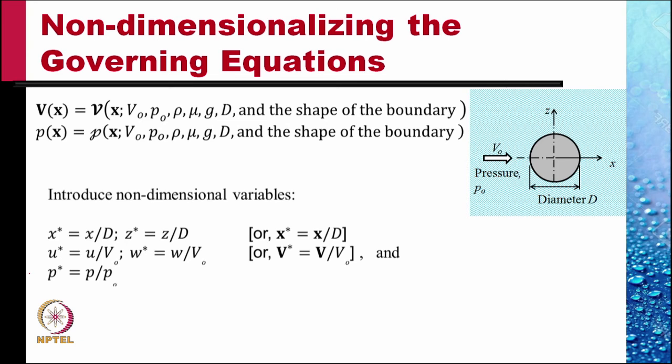The velocity far upstream, the undisturbed velocity of air flowing past this sphere, V naught. Similarly, pressure we could non-dimensionalize by using atmospheric pressure as the characterizing pressure. So P by P naught.